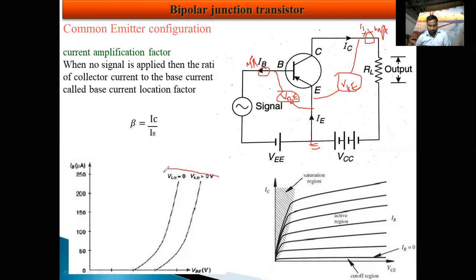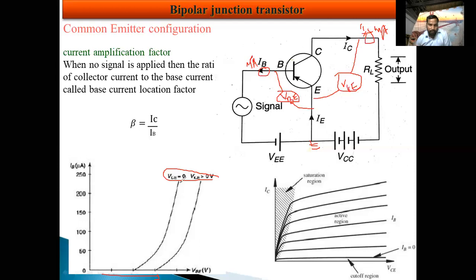VCE value is kept constant here, VBE value is varying, and the corresponding IB value is noted. This IB value is taken on the y-axis. Now VBE value is taken on the x-axis. We have to draw the curves like this.